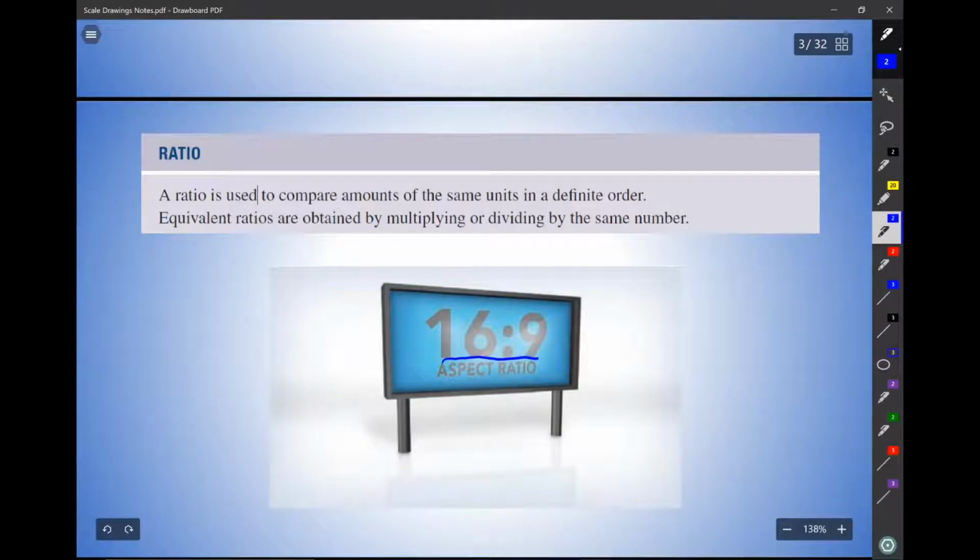For every 9 pixels that go down the screen this way, there are 16 pixels that go across the screen this way. The unit is how many pixels there are on the screen, and the order is that 9 go down for every 16 that go across.